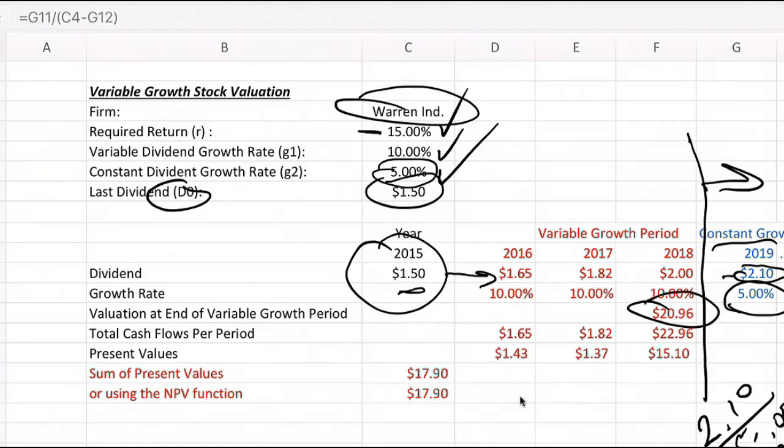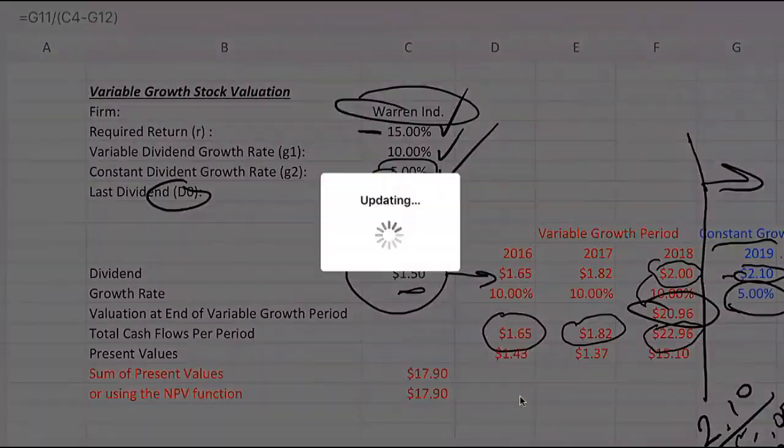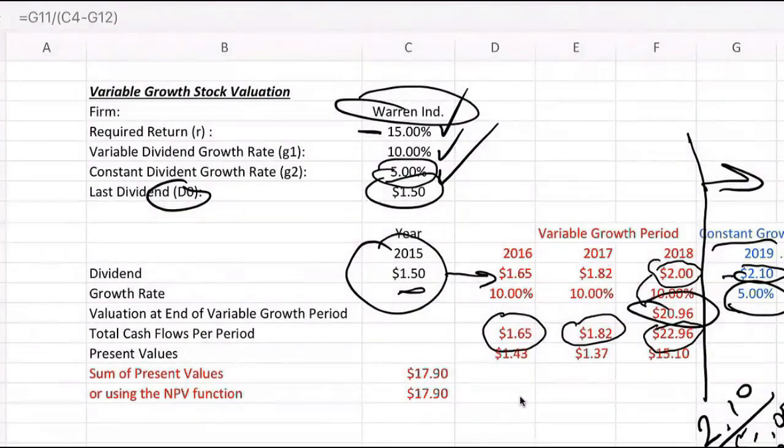So we now just simply have to find the present value. So in 2016 we have a total of $1.65. 2017 we have a dividend of $1.82. And in 2018 we had a dividend of $2 plus our $20.96, the present value of all those future cash flows during the constant period, for a total cash flow of $22.96.